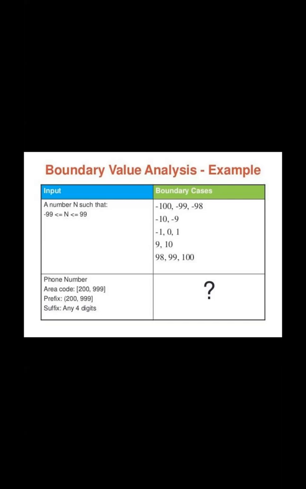In the same way for 99, one value less is 98 and one value greater is 100. Like that, we identify the boundary conditions.